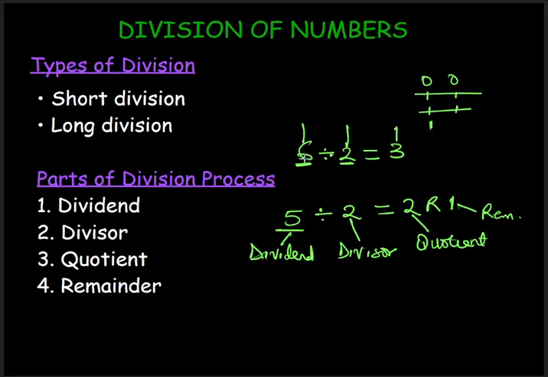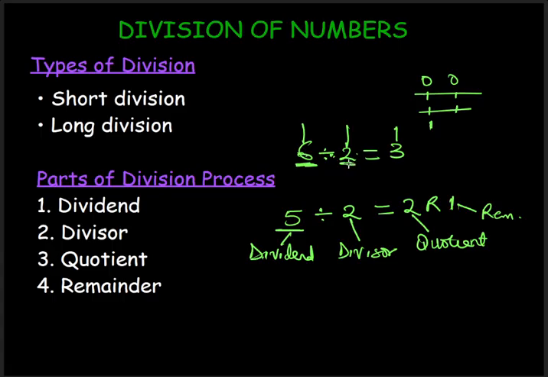One thing you must take note of is that in most cases you will see the dividend bigger than the divisor, but it's not a must. The divisor can also be bigger than the dividend. The later part of this video will show a case like that. But take note that the number before the division sign, whether big or small, is the dividend.